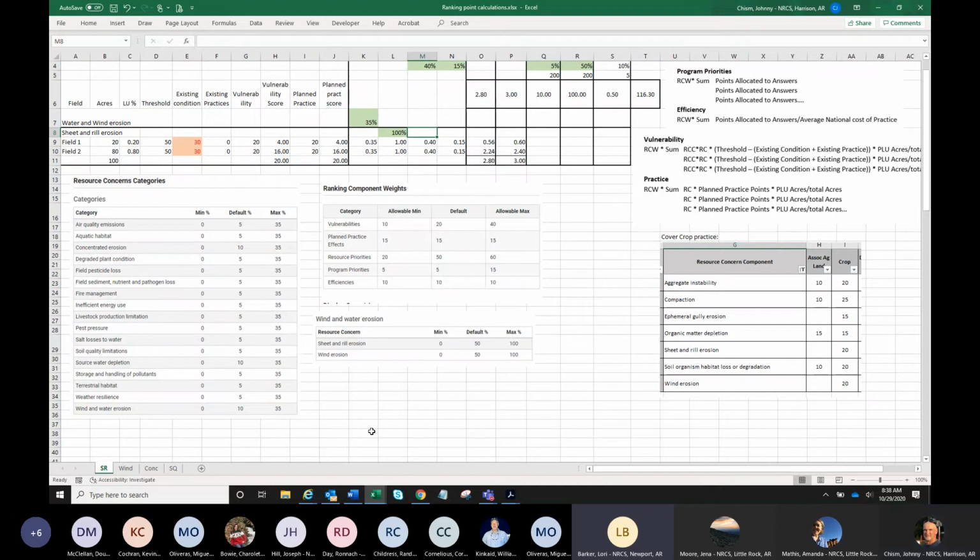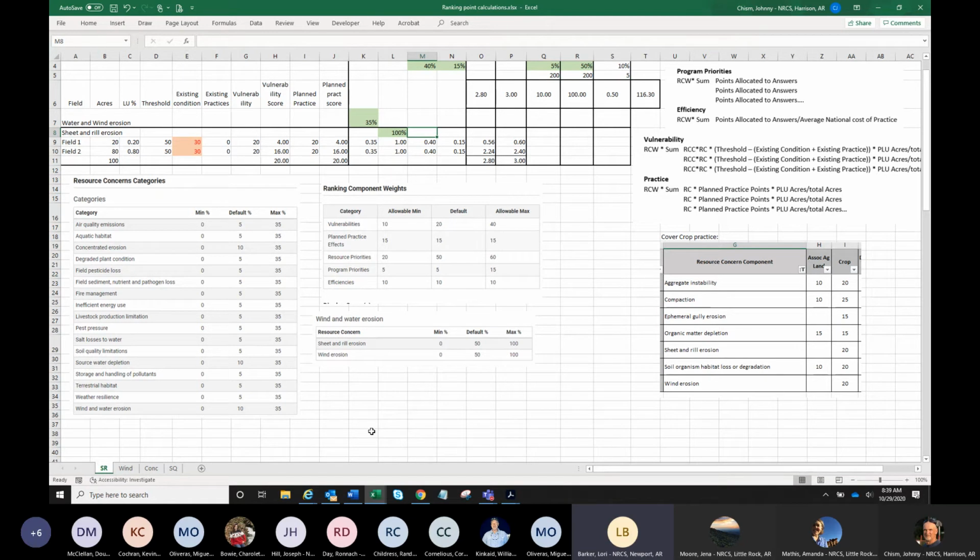I focused on what their need was and what they kept striving to go toward, what was important to them in their local work group, and keeping in the same mindset of the ranking component weights, kind of that stayed like a constant. I may not have gone high enough on vulnerabilities versus how I would weigh resource priorities and program priorities.